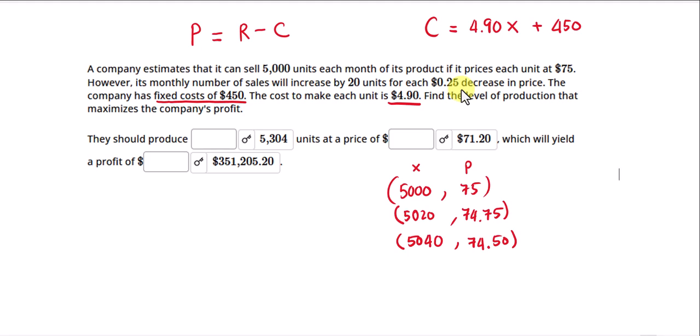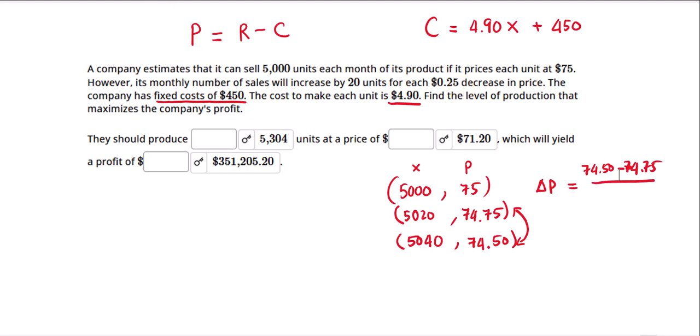And note that here, the change of the price is 25 cents. So you take the final value, which is this one, you subtract the initial value, 74.50 minus 74.75.